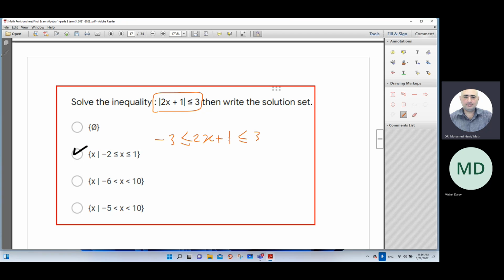You can remove 1 from all sides. So add the inverse: minus 3 minus 1 will be minus 4. And here plus 1 minus 1, 0. And here 3 minus 1 will be 2. Then you can divide all sides by 2.